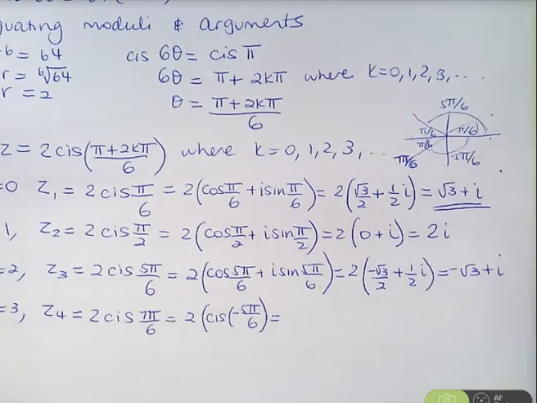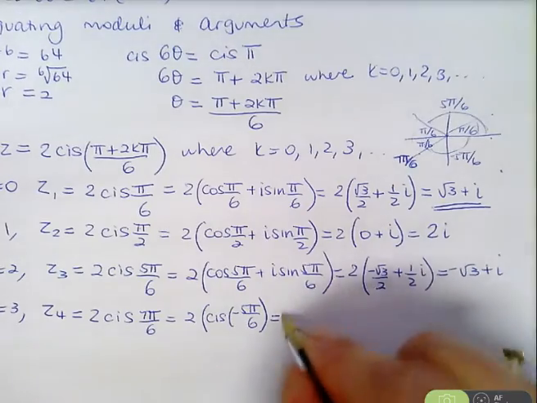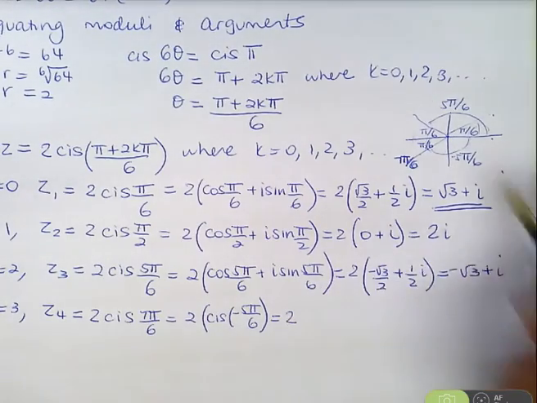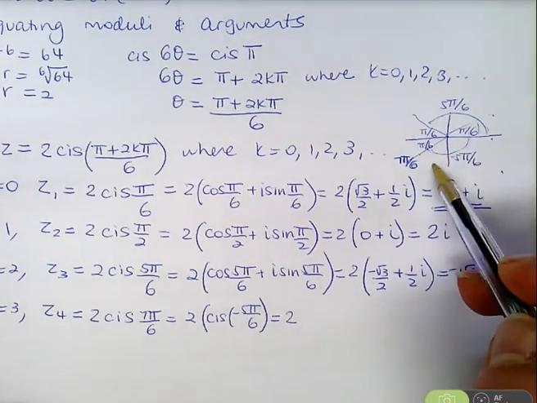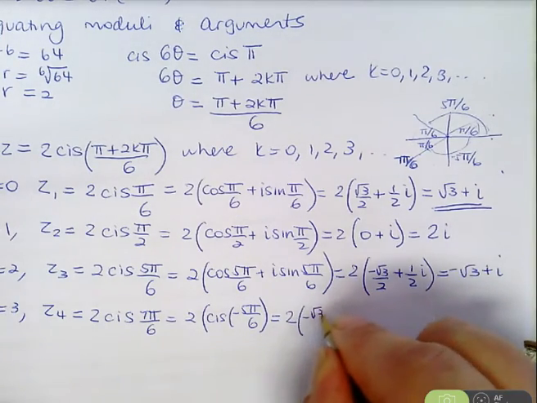Okay, so basically the same values as these, but different depending on all stations to central. Now cos here is negative, so I've got 2 times negative root 3 on 2.